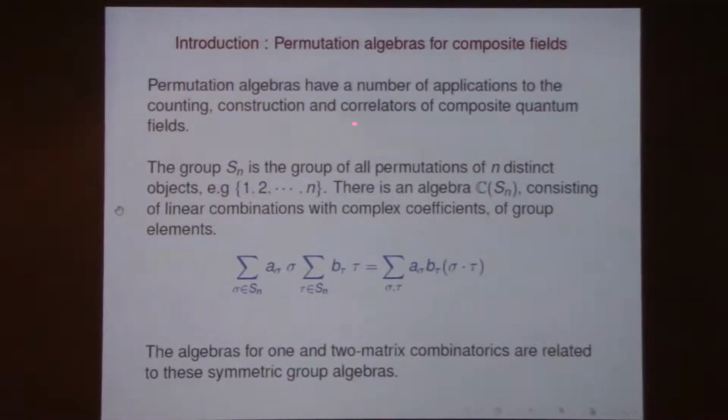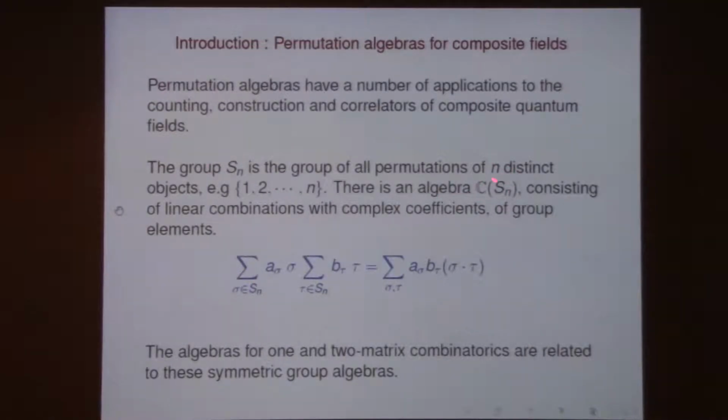So permutation algebra. More familiar is permutation groups. So it's a finite set, and in particular the group Sn, the symmetric group of all permutations of n objects. So that's a group, with n factorial discrete elements.